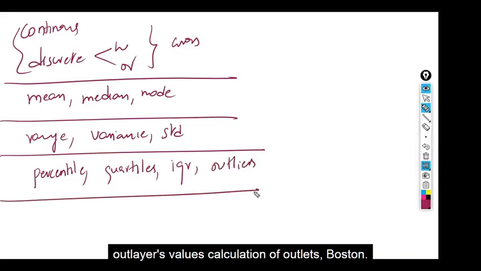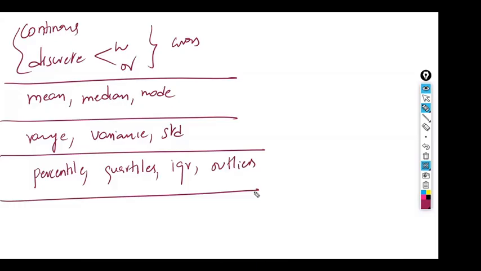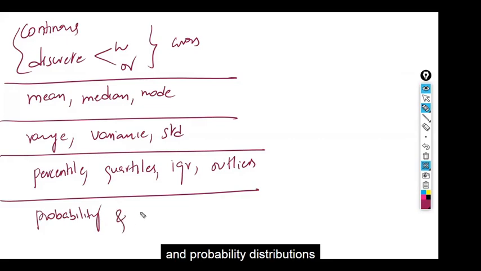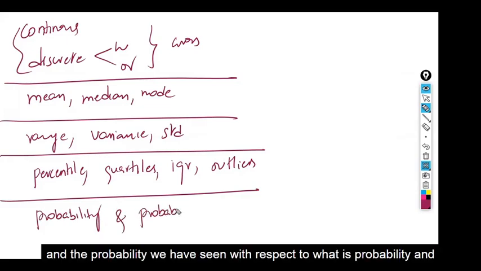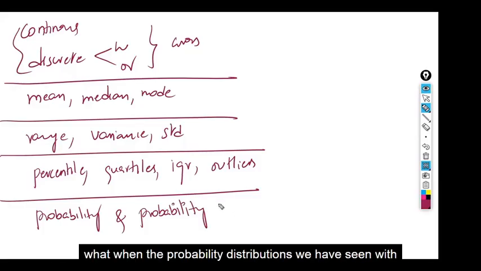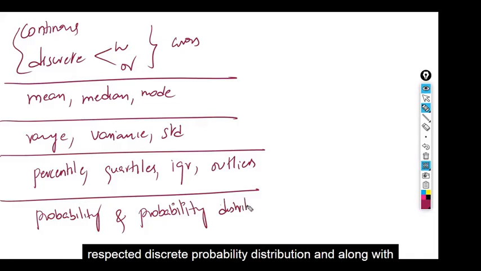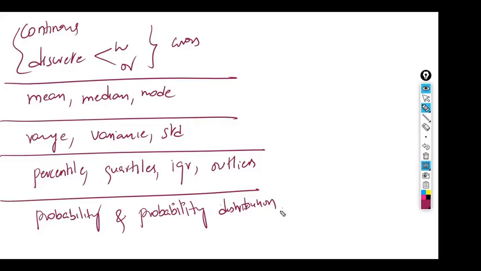Calculation of outliers was done. Then after that, what is the next one we have done? Probability. We have calculated the probability and probability distributions. In probability, we saw what probability is, and in probability distributions, we saw the discrete probability distribution along with the continuous probability distribution.